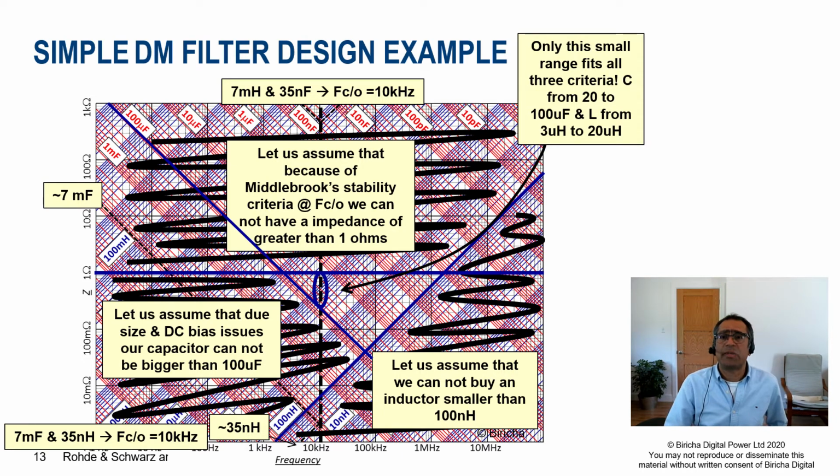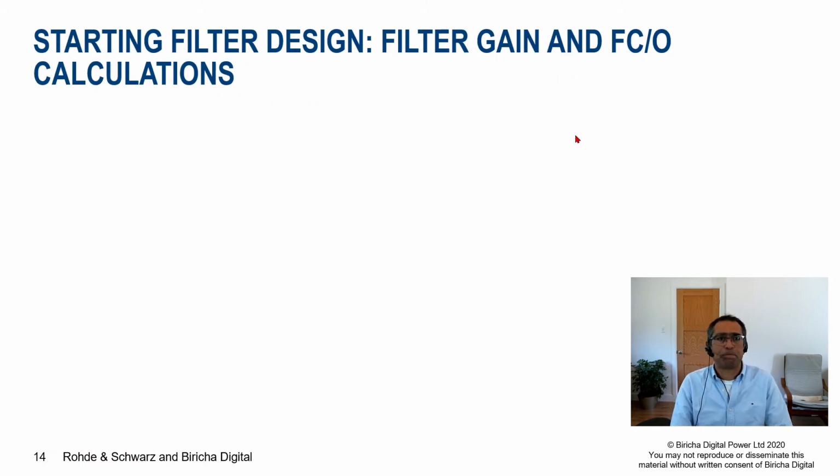So that means that we can have a capacitance between 20 to 100 microfarads and an inductance between 3 microhenries to 20 microhenries. So that is now a perfectly reasonable range of component values that you can use in order to design your filter. Okay?